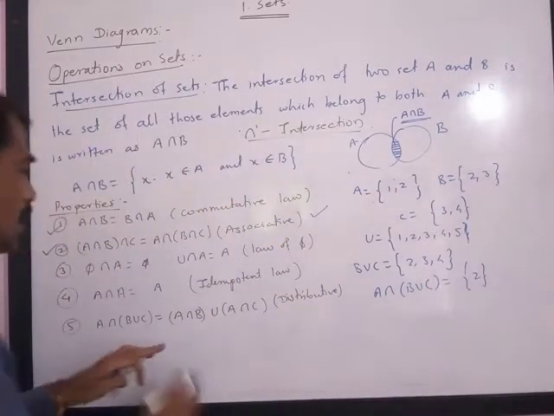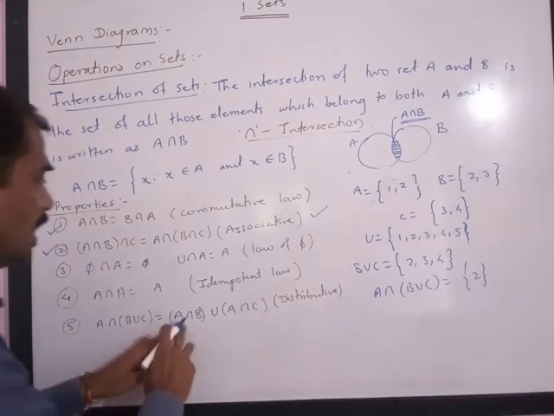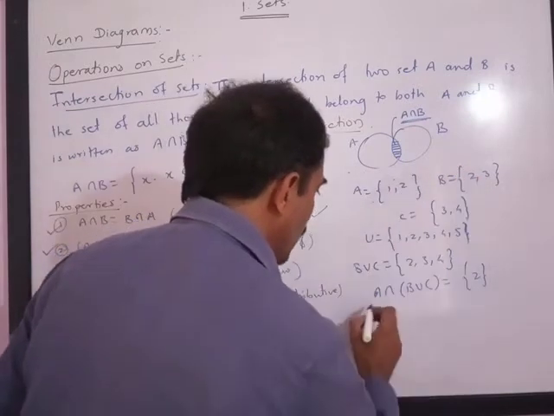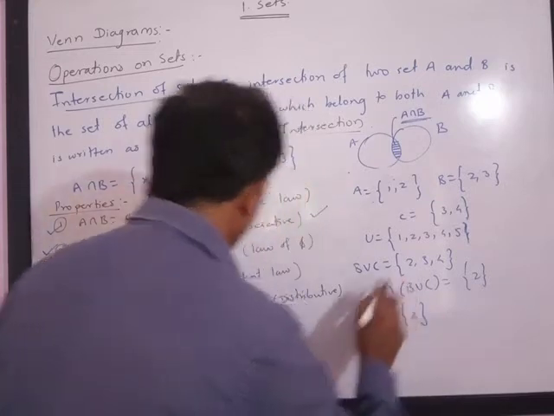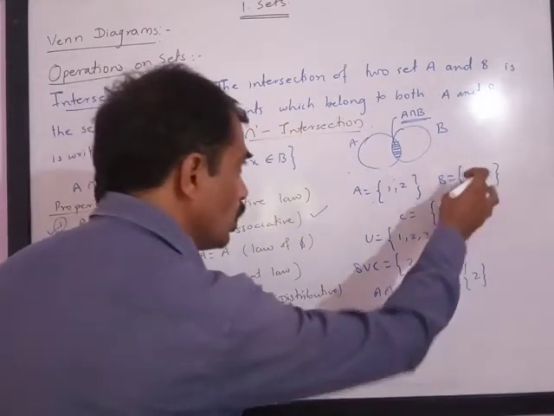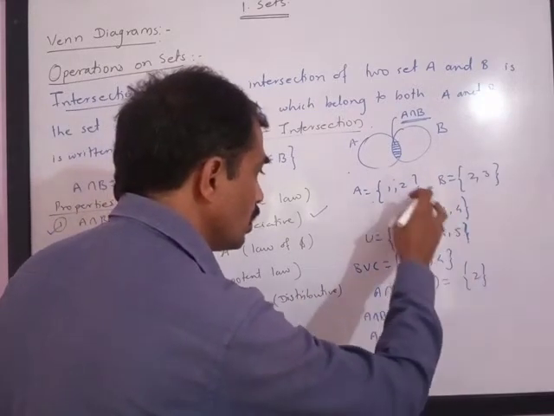Next, let us take A intersection B. A intersection B is the common element to both, which is equal to the set of 2, and A intersection C is equal to, common to both is nothing.